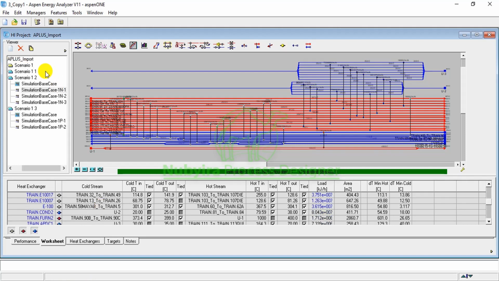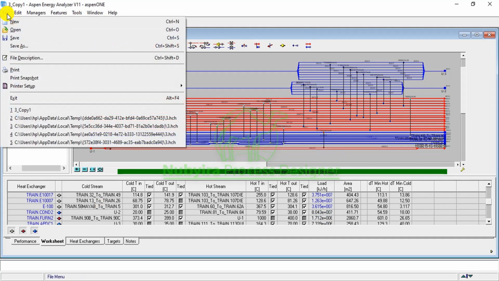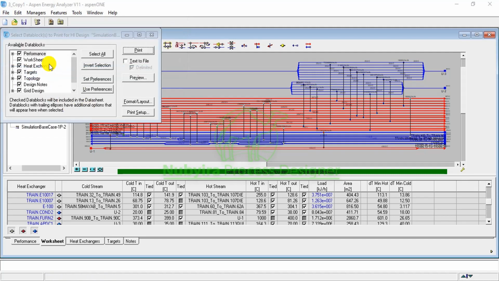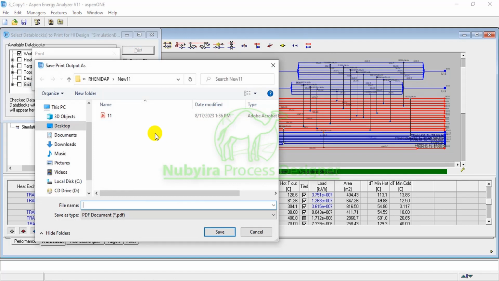So I'm going to print a report on this scenario for the worksheet, not everything, so I can duplicate the heat exchanger over here. Let me just create a new one here.